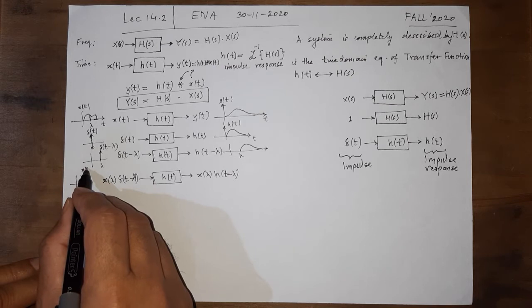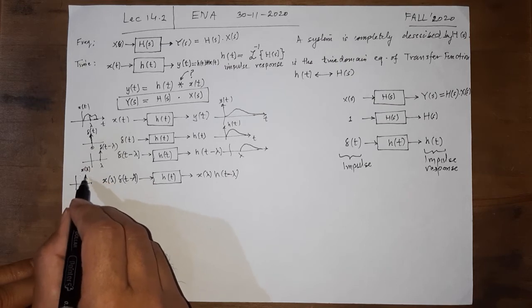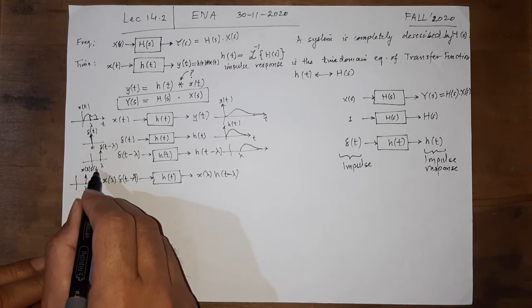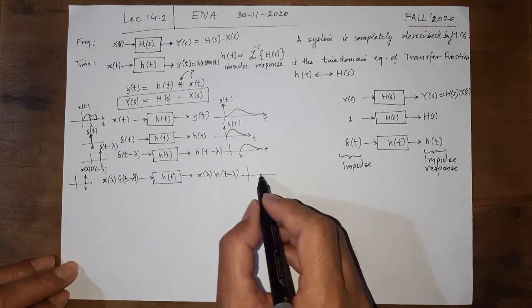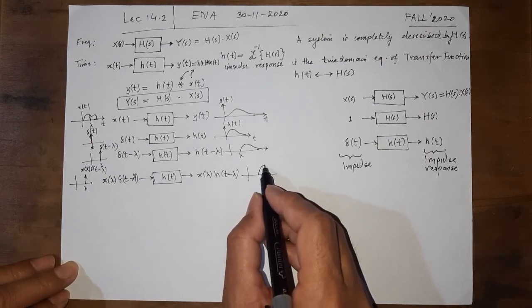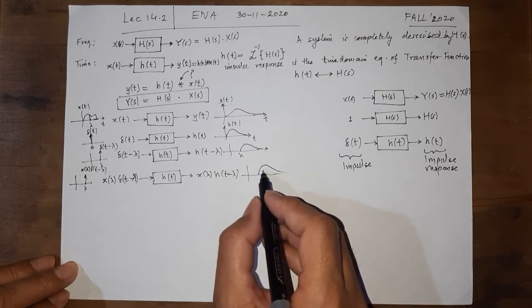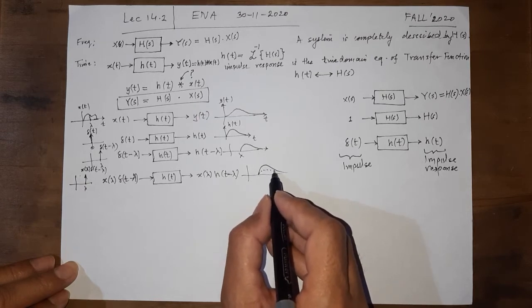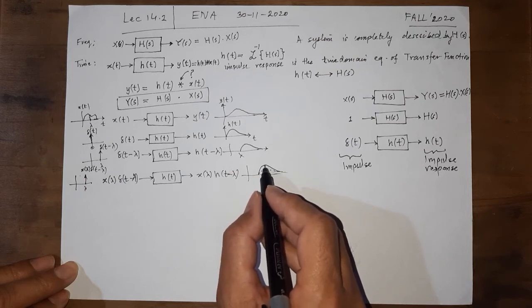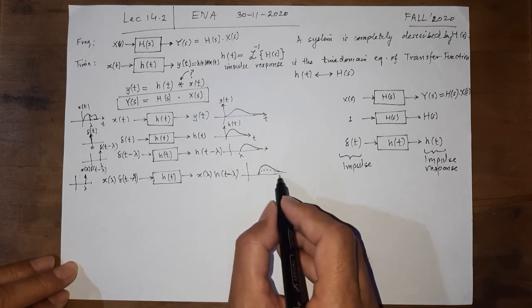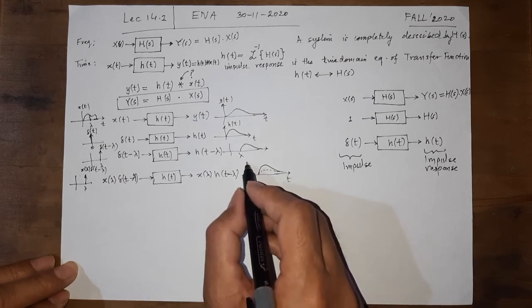It has an area under the curve of x of lambda. So if x of lambda is a value greater than 1, and this is h of t, then we are going to get that constant times h of t. So it may amplify.